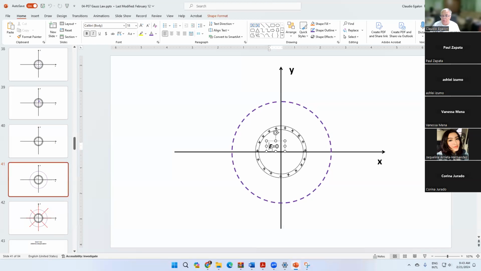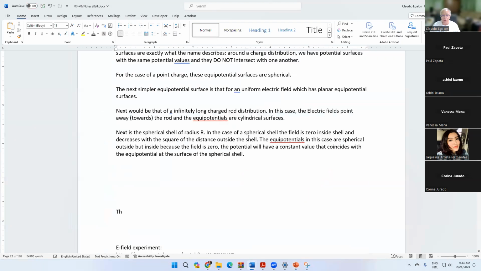Because the electric field is zero inside, the electric potential is going to be constant throughout this whole volume, with a potential value that coincides with the value on the surface of the shell. Okay, I can write that down in my notes.